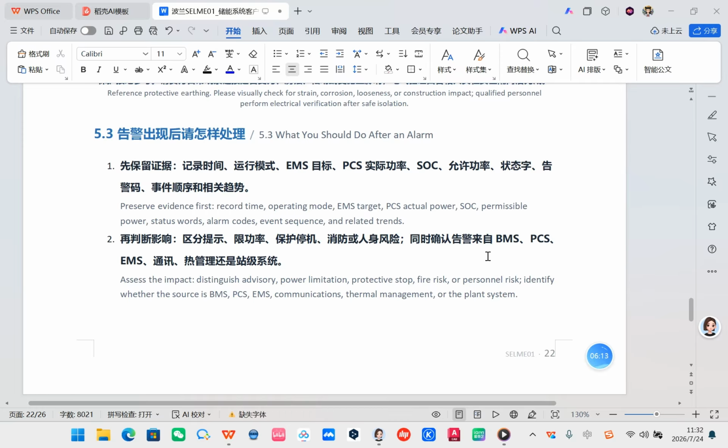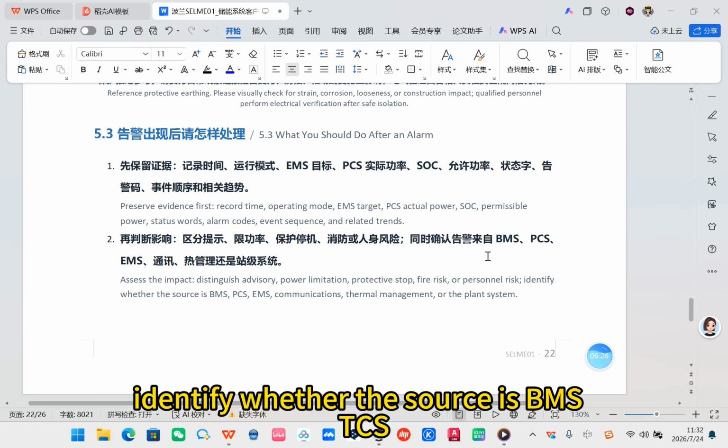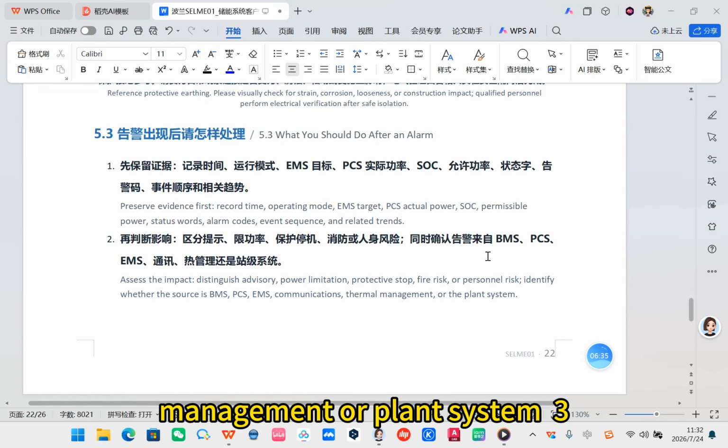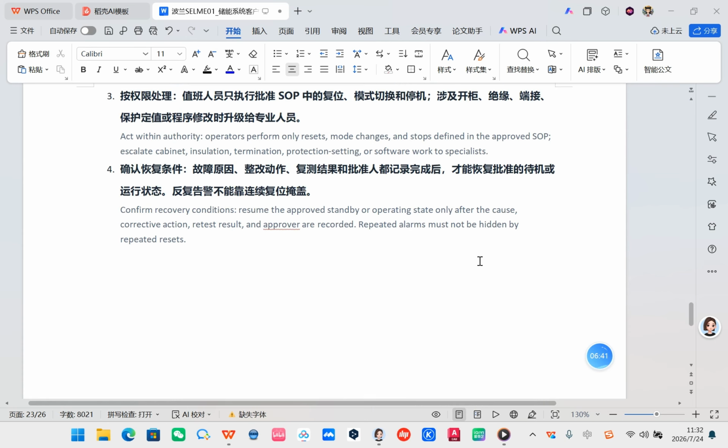Distinguish advisory, power limitation, protective stop, fire risk, or personnel risk. Identify whether the source is BMS, PCS, EMS, communications, thermal management, or plant system.